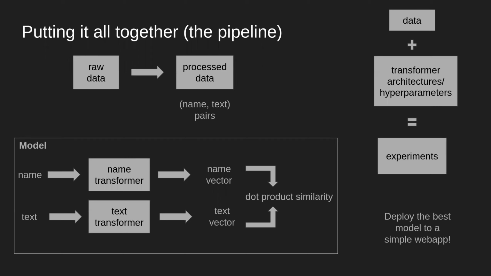What does it all look like as a more concrete experiment? Another reason I chose Magic the Gathering as a data set is that it's really easy to download a JSON file of all the Magic the Gathering cards in existence. So that was easy to get, and you can process that to get name-text pairs.